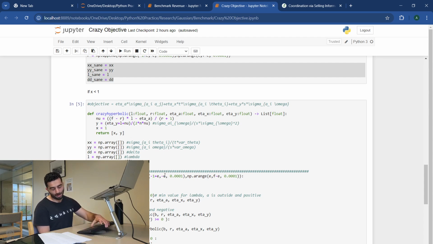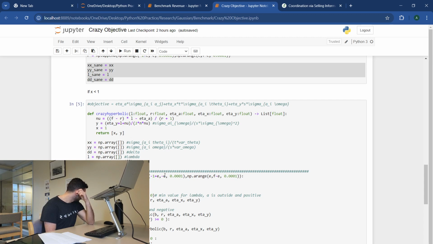Alright, what is it? One of the constraints is binding, and that one gives us sigma EIAJ, but I don't know which one.